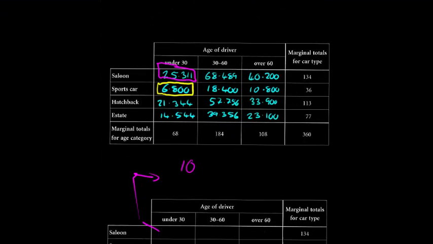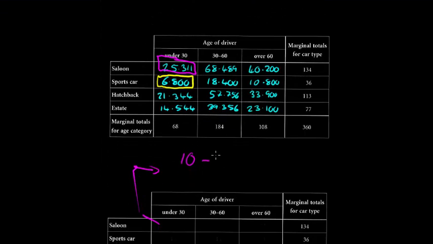I'm going to minus the 25.311, then square it, and then divide it by the expected frequency, which was 25.311. That gives me a value which I'm going to put in here, which is 9.262.